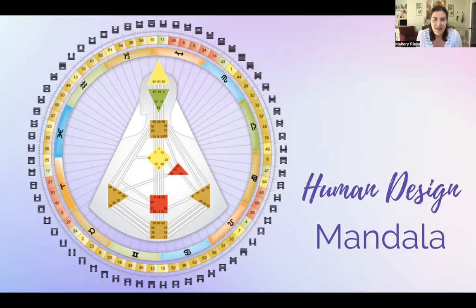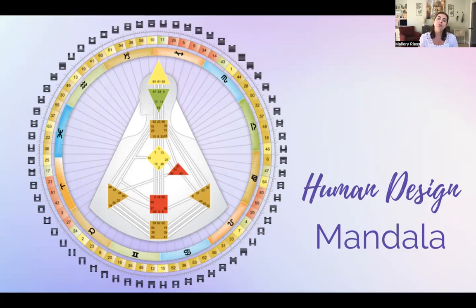But basically the reason why we have this circle here is because it's a mandala with your planetary placements, because it takes the planets into account. When we run a human design chart, you need your accurate birth time, place, and date. And it pulls basically where the planets are, in what gate each planet is at the time of your birth.